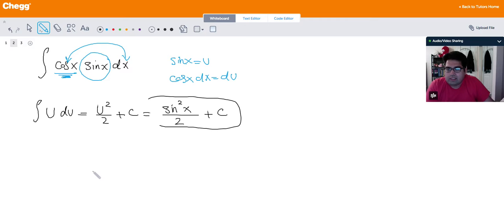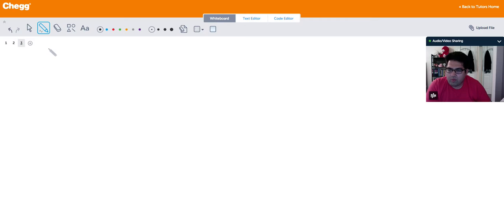Now let's look at integration which involves lower and upper limits, basically definite integrals, and I also want to involve u substitution. So let's say from 1 to 3, x squared e to the (x cubed plus 1) dx.